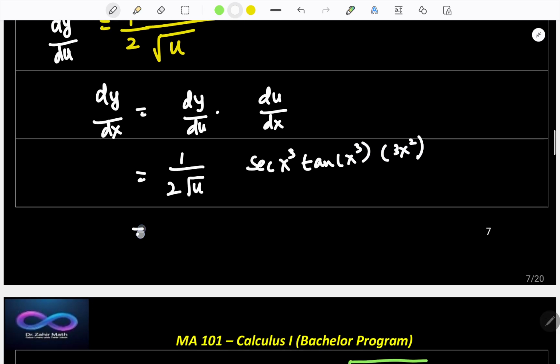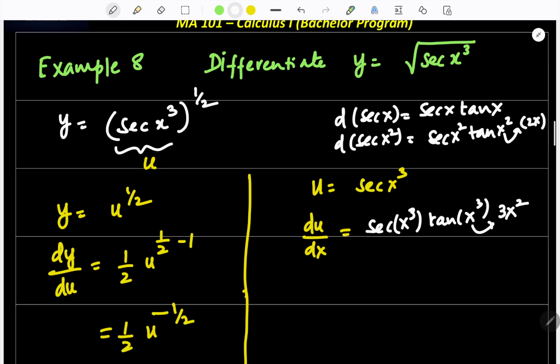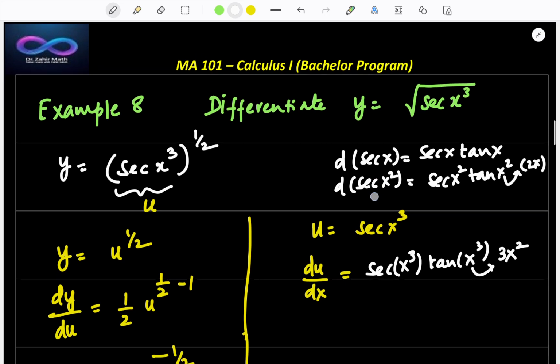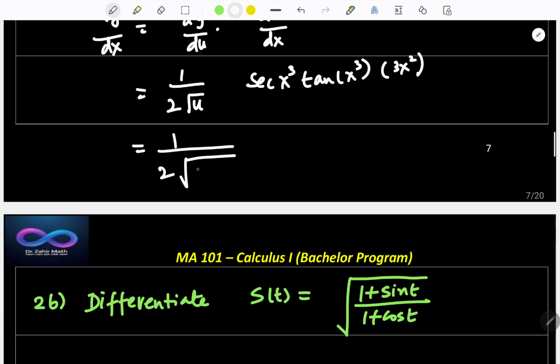What I called u is secant x cube. So which is the square root of secant x cube, and secant x cube tan x cube times 3x square.